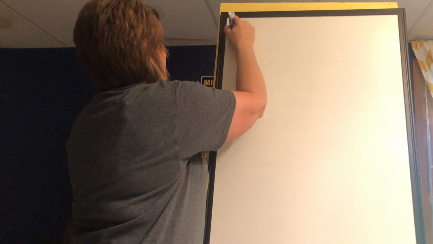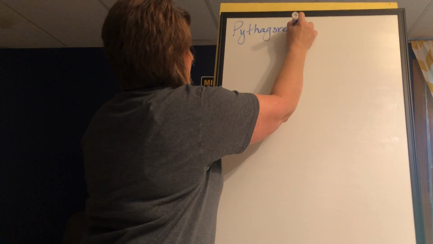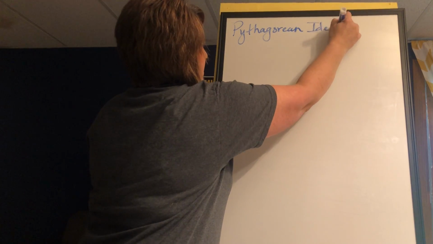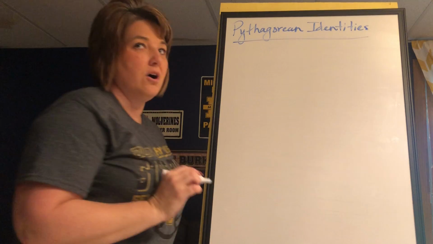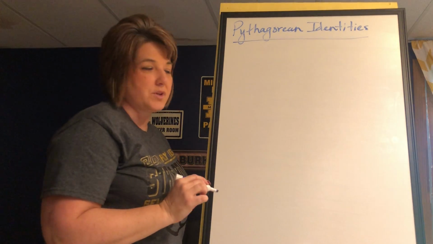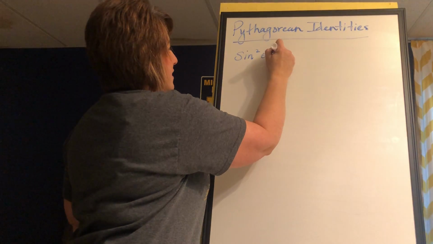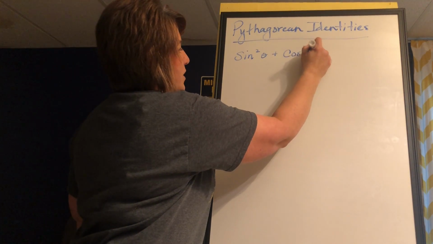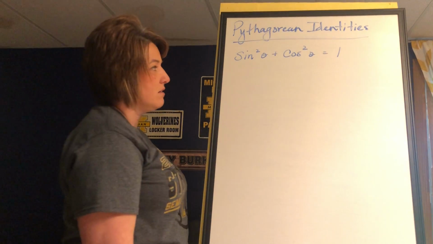So Pythagorean identities: one that you will use all the time, and you'll memorize this one really quickly, is that sine squared theta plus cosine squared theta is equal to 1. They have to be squared.